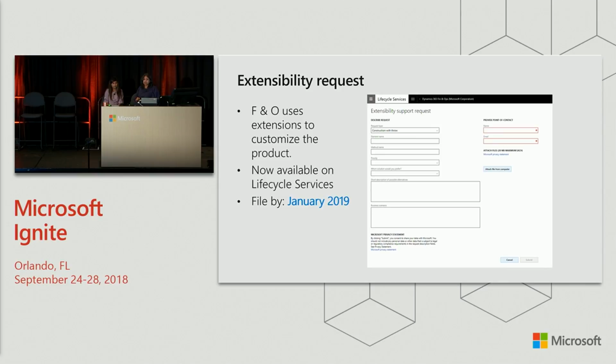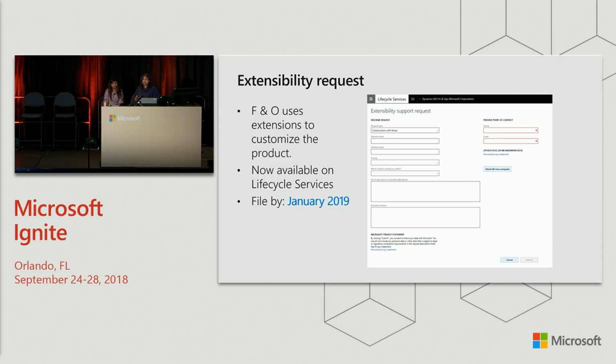This is available through LCS today. It's in the support menu item in LCS, and essentially, you can go log your details. This comes directly into our engineering team who are continuously monitoring, prioritizing, and fixing these issues so that you will have extensions available so that you can code to and plan to move to 8.0.